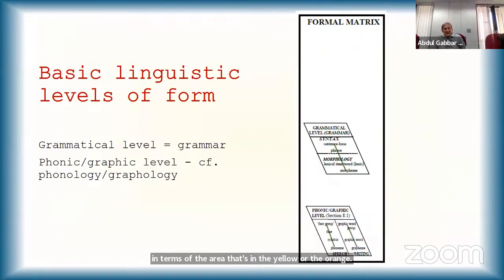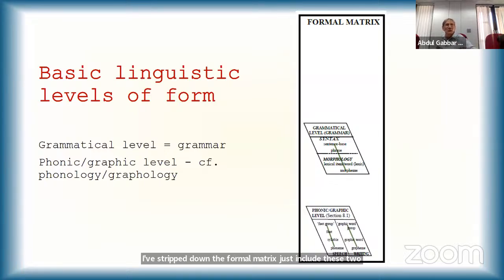Okay, so basic levels of form in linguistics are really the phonic graphic level, which you could refer to as phonology, and the grammatical level, grammar. So I've stripped down the formal matrix to just include these two most basic elements.